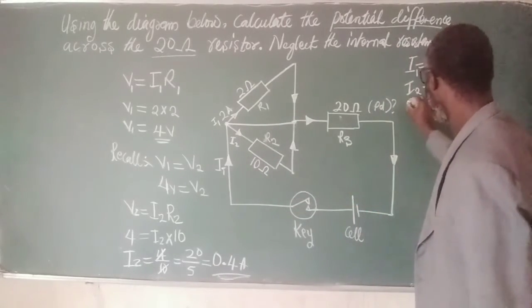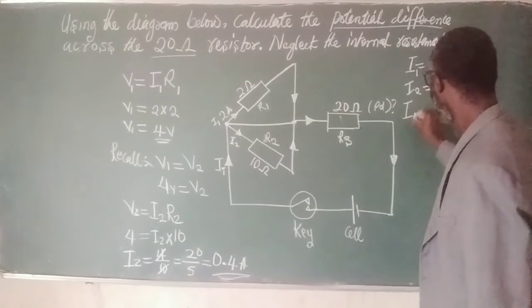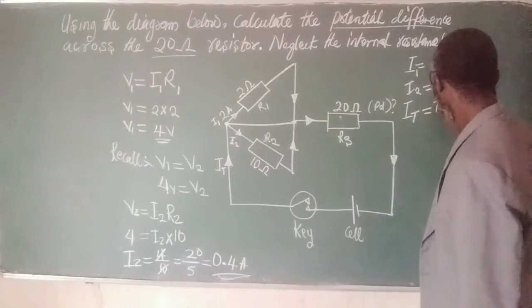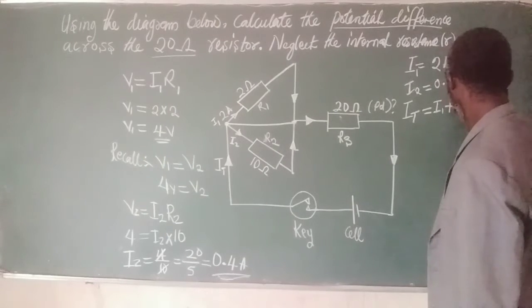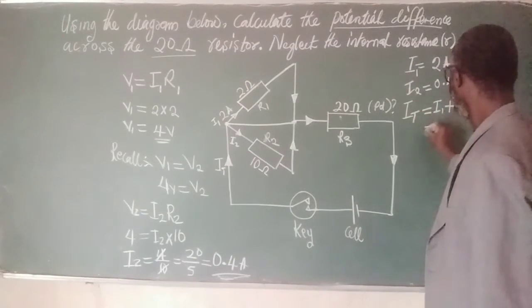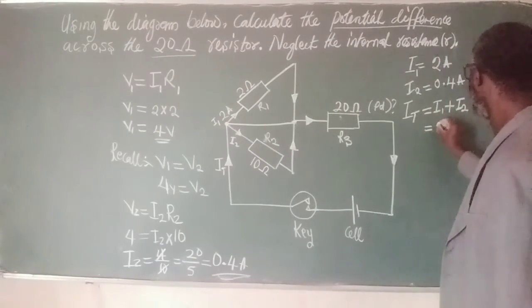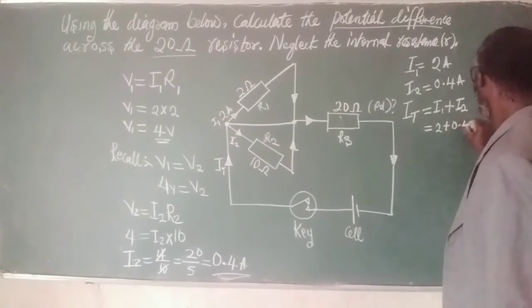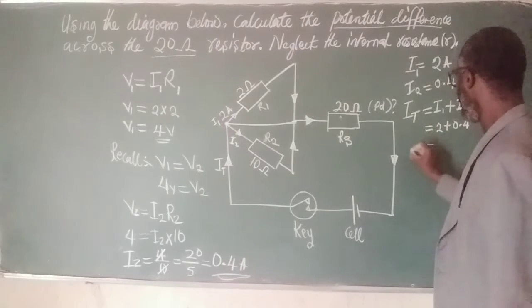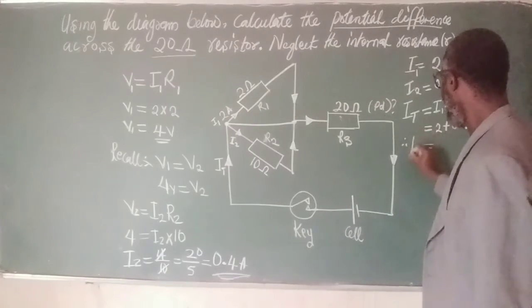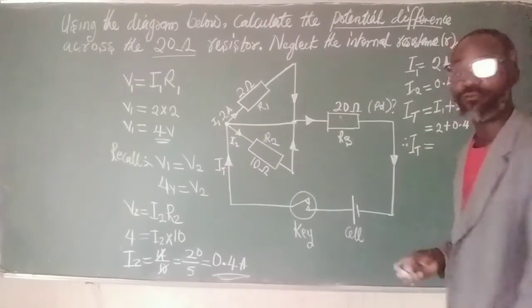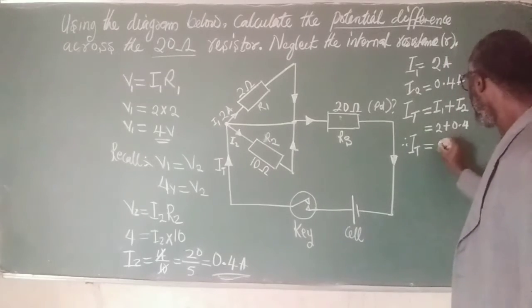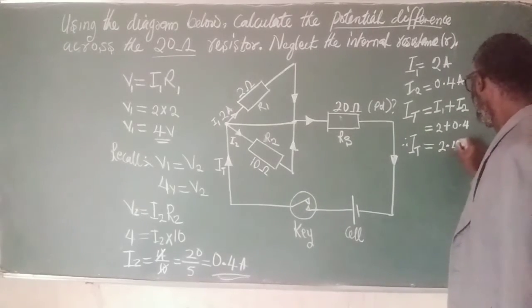So I subscript capital T is now I1 plus I2. And this gives us, substituting for I1 is 2, for I2 is 0.4, therefore IT, total current flowing, is equal to 2.4 amps.